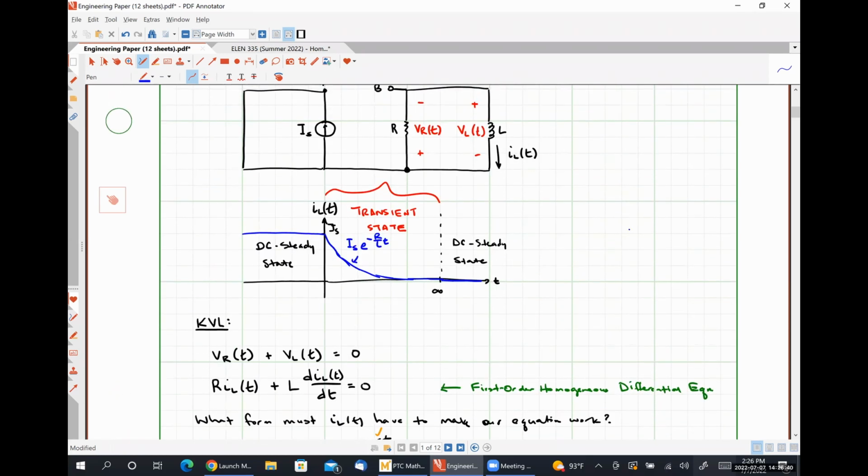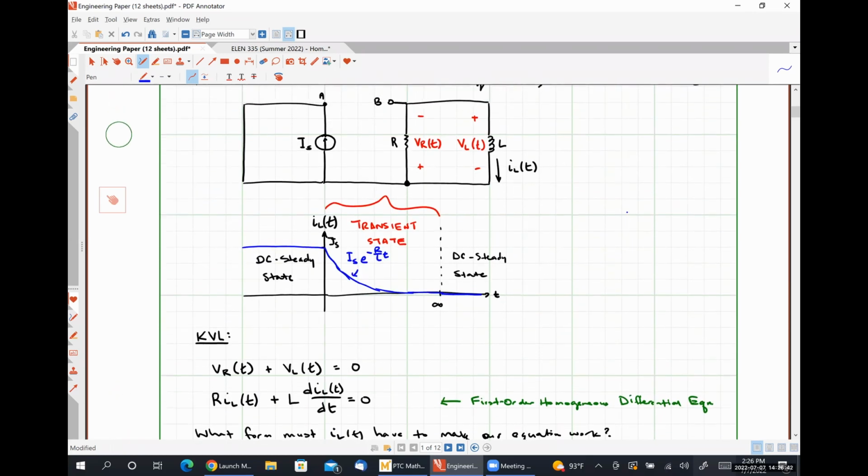Now, we know what the shape of the inductor current is, right? It's this exponential, what I'm going to call response. So let's think about what the shape of the voltages would have to be if the current IL has this exponential response, right?